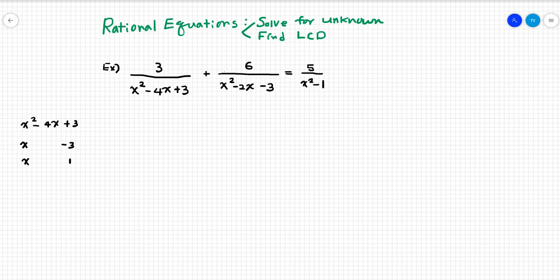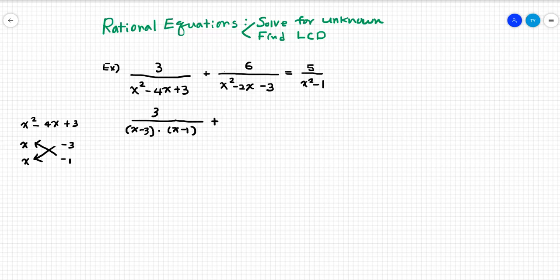But they both have to be negative, right? Because if you cross multiply, you get negative 3x. Cross multiply this way, you get minus x. When you add those two, you get minus 4x. So we can rewrite the denominator for the first term as x minus 3 times x minus 1.